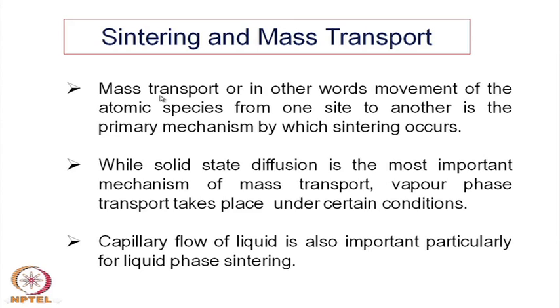Sintering is the result of mass transport at an atomistic level. So, mass transport and sintering have a very direct correlation, and mass transport, or in other words the movement of the atomic species from one site to another, is the primary mechanism by which the sintering occurs.